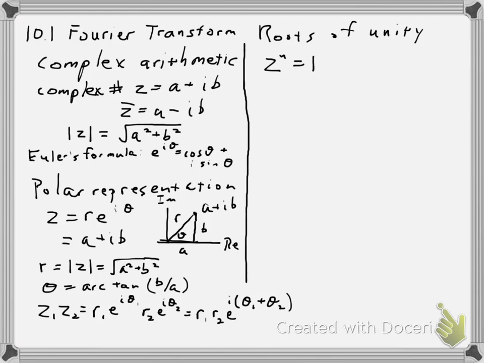One of the roots of unity is z equal to e to the minus 2 pi i over n, and the rest can be obtained by taking z and raising it to the k power, which equals e to the minus 2 pi i k over n, for k equals 1 through n.